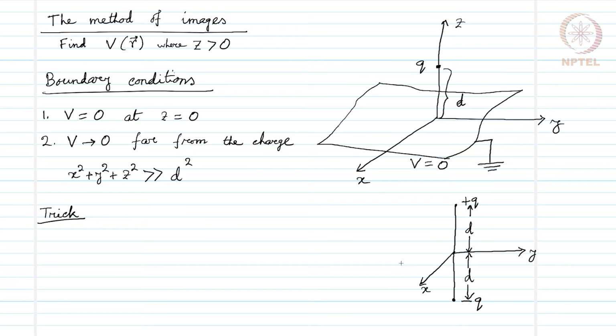But this minus q charge that we have considered does not exist. This is called the image charge.